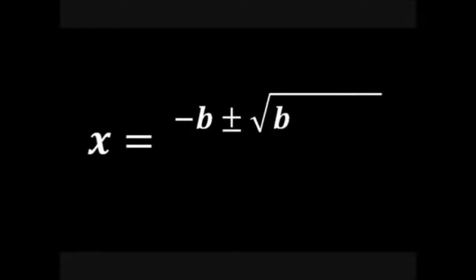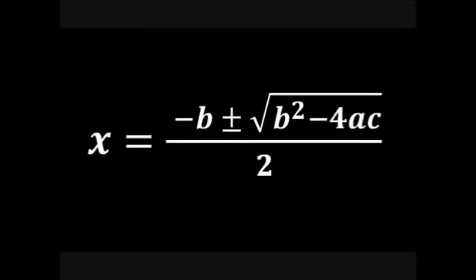Everybody now! It goes x equals the opposite of b, plus or minus the square root of b squared minus 4ac all over 2a.